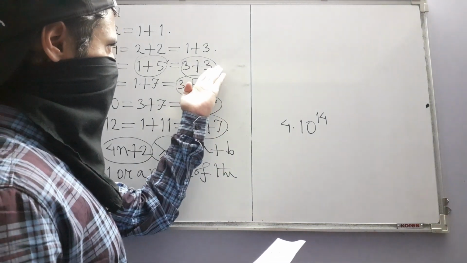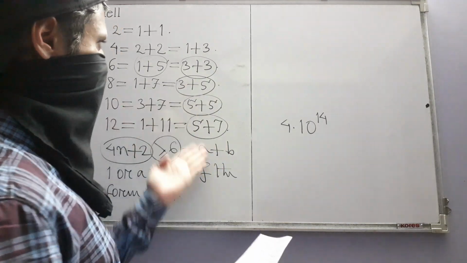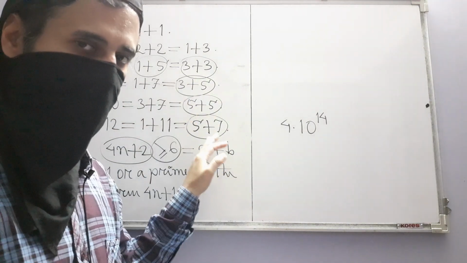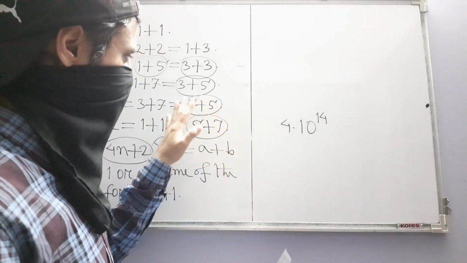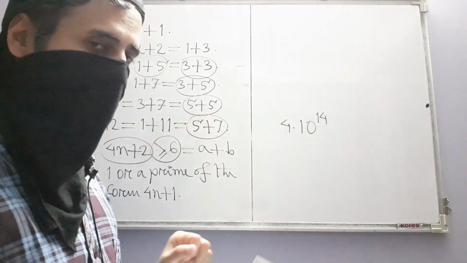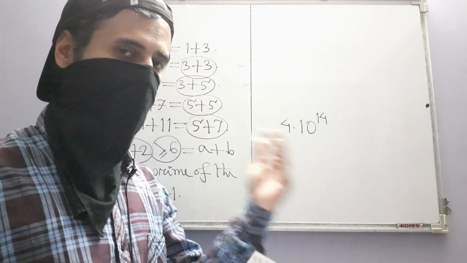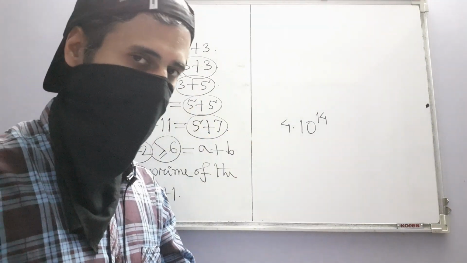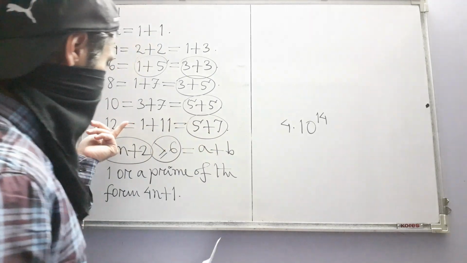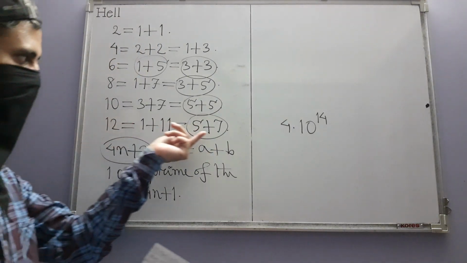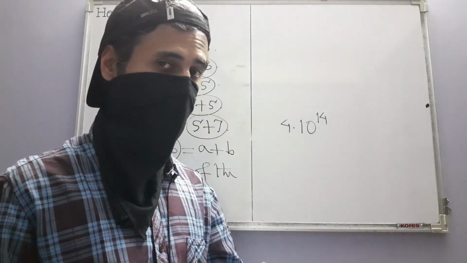And although here we see only one way of doing that for these first few quite small even integers, this number itself increases. More and more ways of writing a given even integer as a sum of two primes emerge.